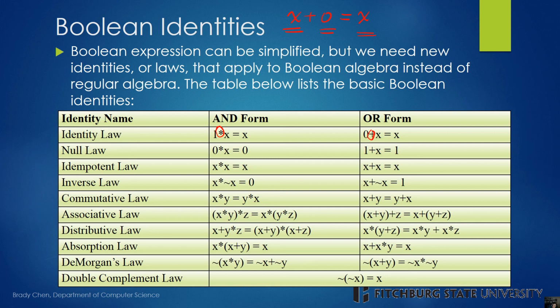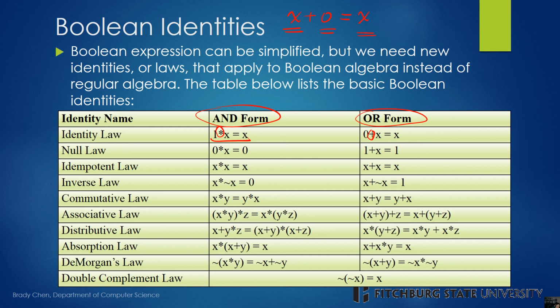For example, let's take a look at the first one under the AND form. There are two symmetrical identity forms. One is the AND form, the other one is the OR form.